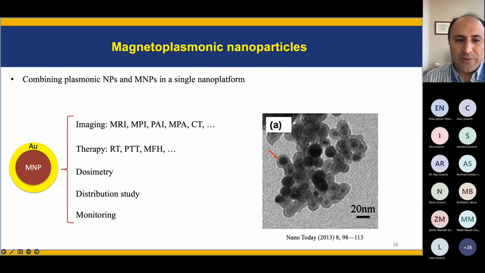And also for therapy, we have options for radiotherapy, photothermal therapy, and also because we have magnetic nanoparticle, we still have the chance to do magnetic fluid hyperthermia. At the same time, we can do dosimetry, we can do distribution study, and we can monitor the therapy session and how it is going on.